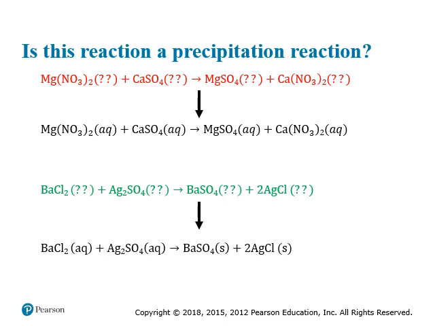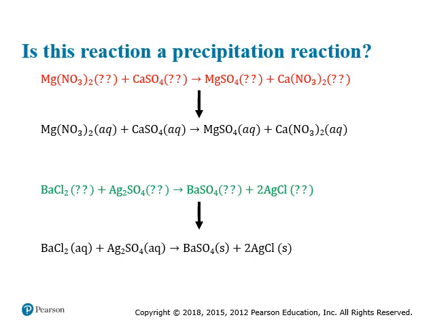So it would appear that the first reaction does not represent a precipitation reaction. Why? Because the products of the reaction, if those ionic compounds swap dance partners, we're going to see the formation of magnesium sulfate and calcium nitrate, both of which are soluble in water.